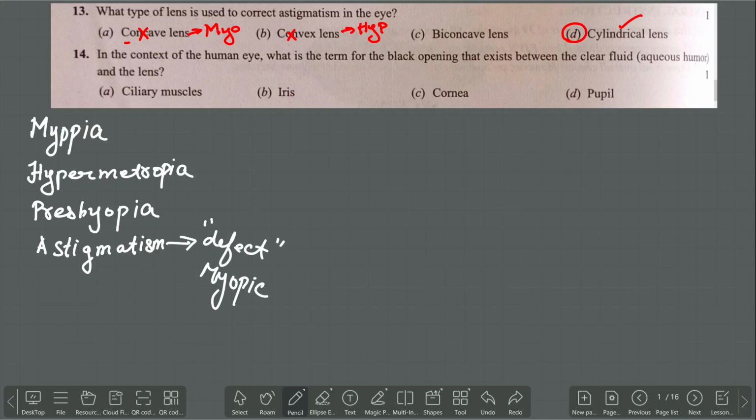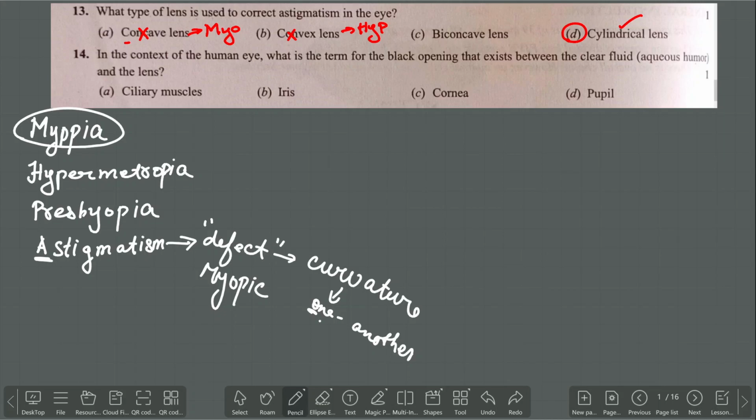The same defect that a myopic person has, these persons also have, but the curvature of the eye lens alone will modify from one lens to the other. If a person has myopia, the curvature in the 2 lenses will be the same, but over here the curvature of the eye lens will vary from one lens to the other. That type of defect is what we call astigmatism.